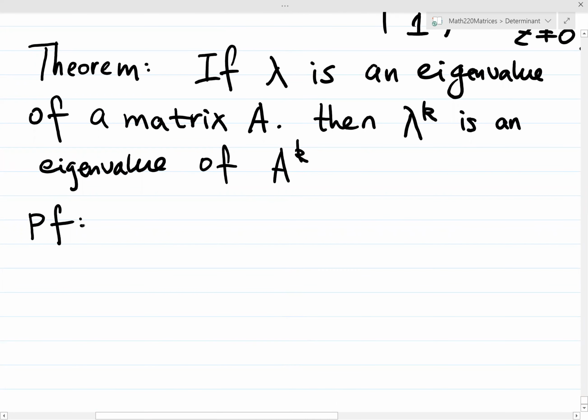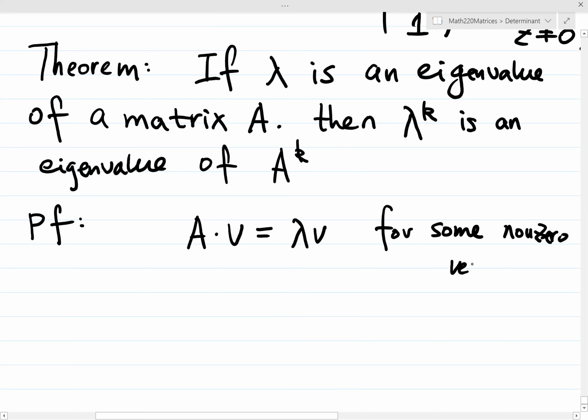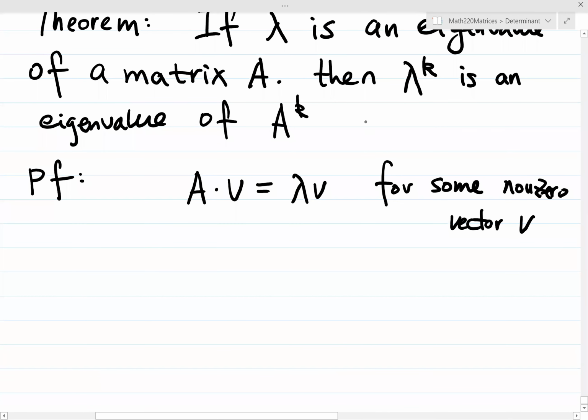Now here we know lambda by definition is an eigenvalue. So this means A times some vector V equals lambda V for some non-zero vector V. Now we apply A squared to V. This will be A times AV.